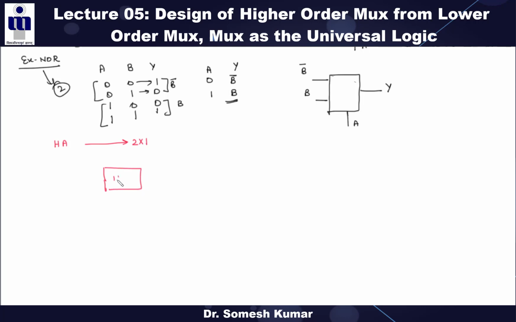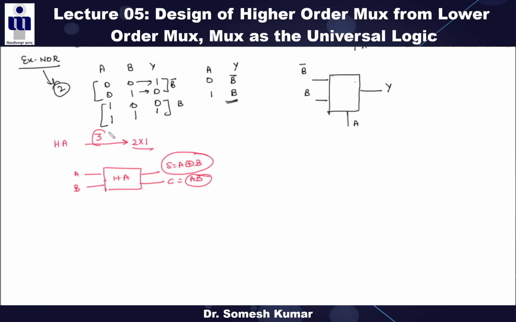The outputs: Sum is A XOR B and carry is AB. So how many 2:1 mux are required for this? Yes, 3. Two for the XOR gate and one for the AND gate.